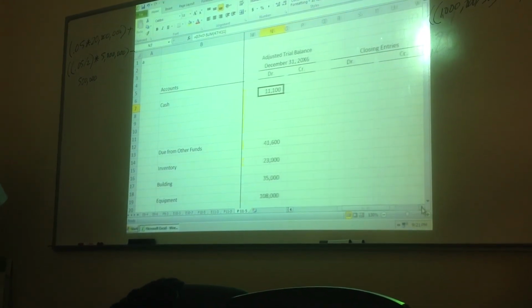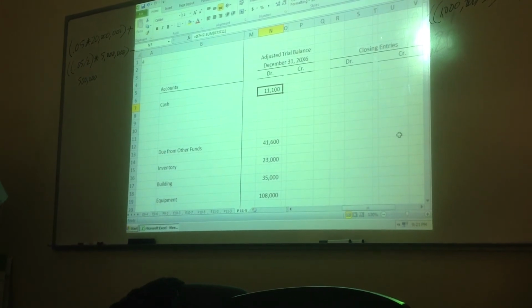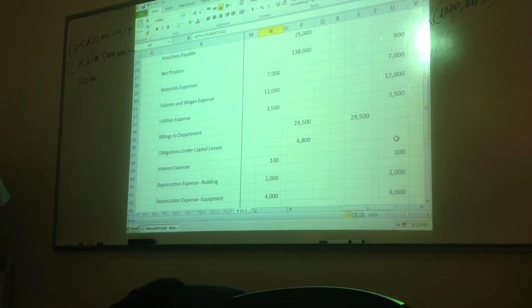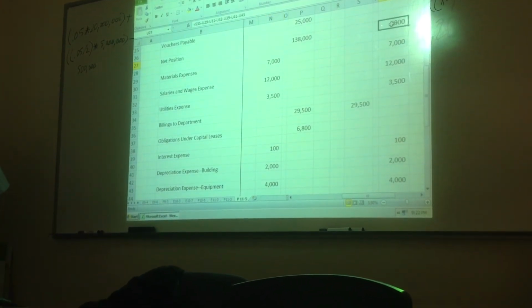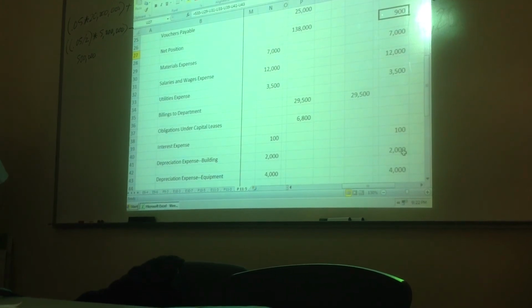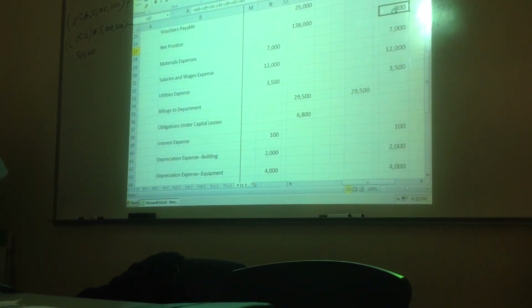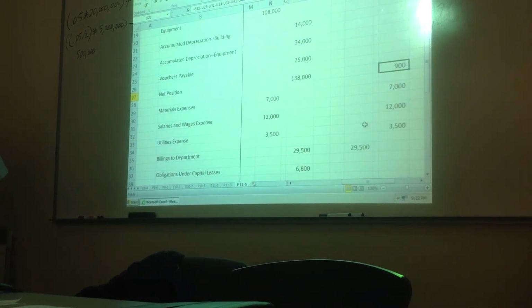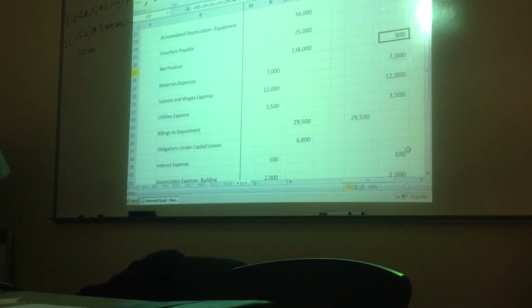Then you have closing entries, which affect only your revenue, expense, and net position, right? So your net position is your revenue minus your expense. In this case, your net position credit is $900 because your revenue is bigger than your total of your expenses by $900.